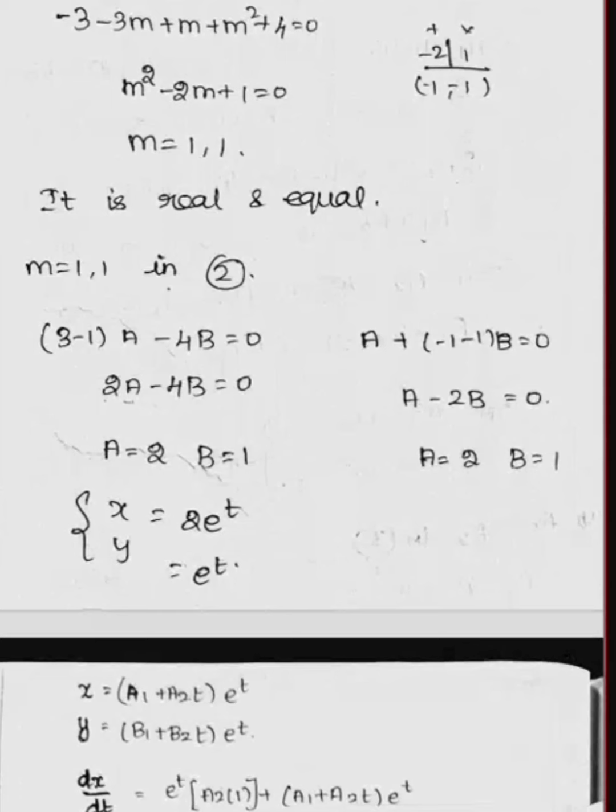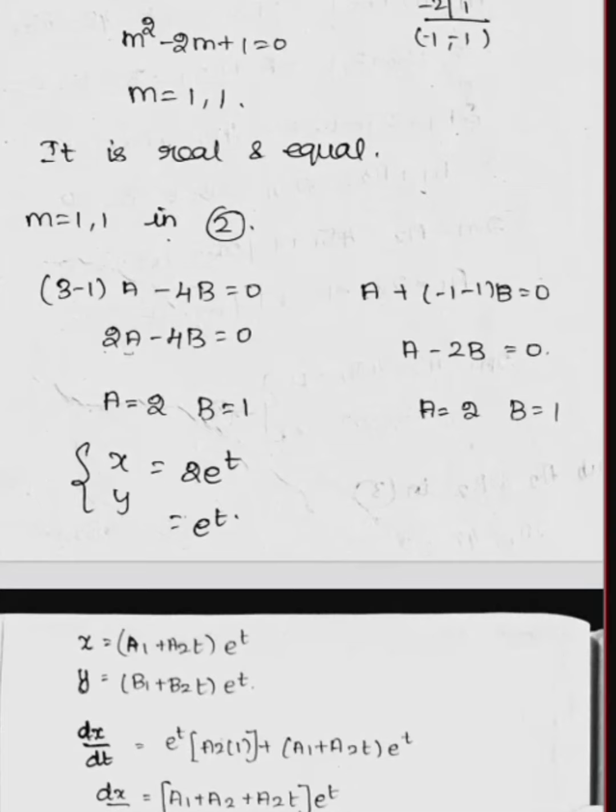Likewise, we can derive in unit 2. Here we have to find both x and y with respect to t. So here you are using a1 plus a2 into t into e to the power t, and b1 plus b2 into t into e to the power t. So these are the complementary functions.